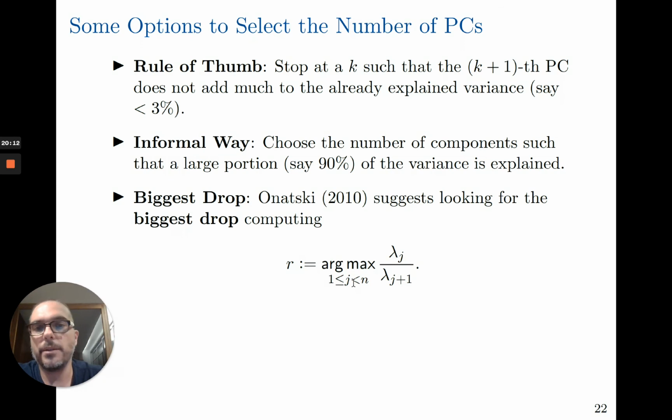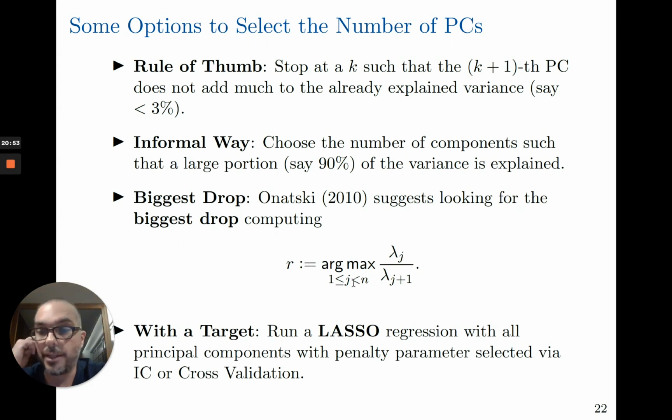Or we can look at the biggest drop, like in the paper by Onatski, where he suggested computing the ratios of the eigenvalues. You select r, the number of components, as the argument that maximizes the ratio of two adjacent eigenvalues. So we look at the largest relative contribution to the total variance with respect to the previous component.